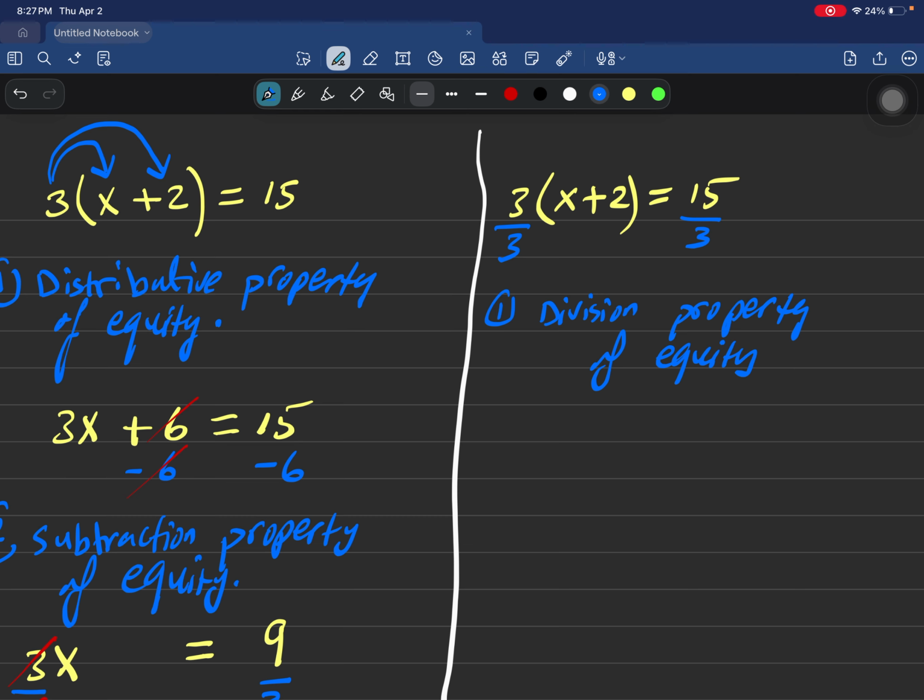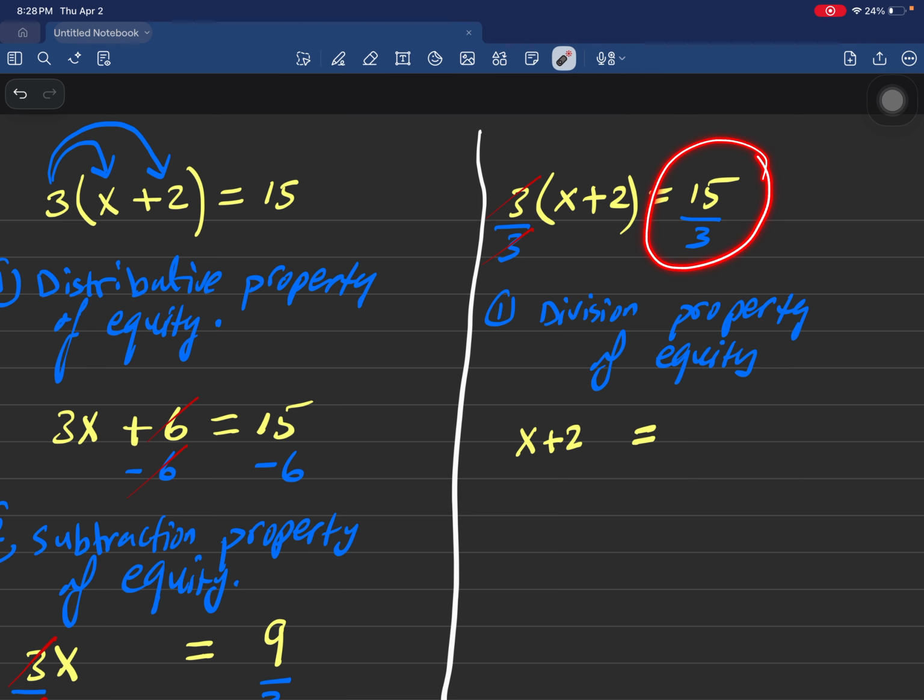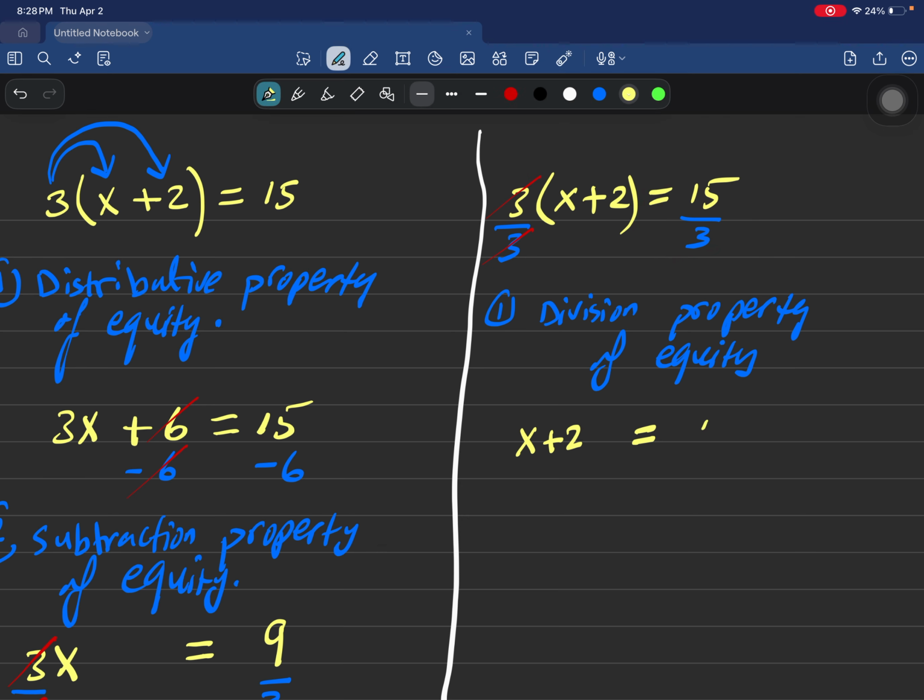Now we can cancel the 3 with the 3. We end up with x plus 2. We take it down. So here we have x plus 2 equal to, now we have 15 divided by 3, which is equal to 5. We take the 5 down.